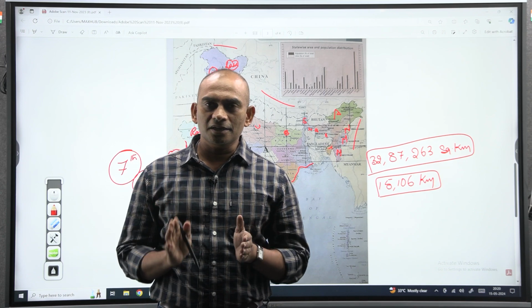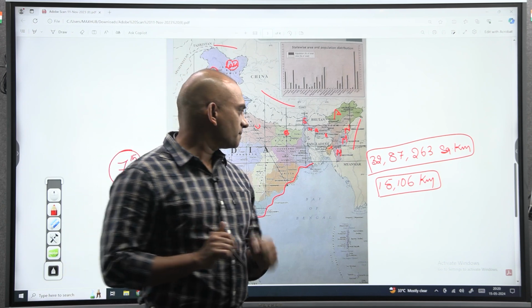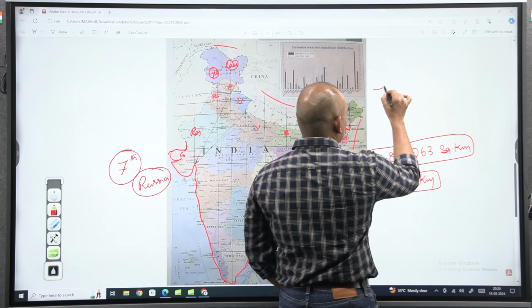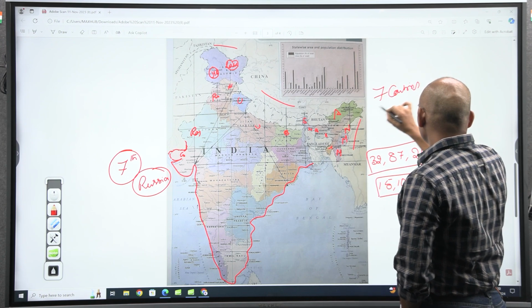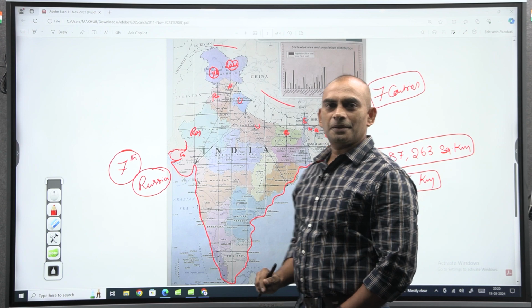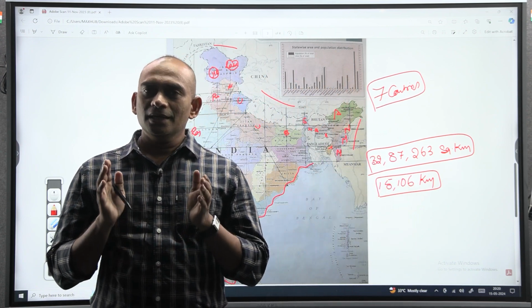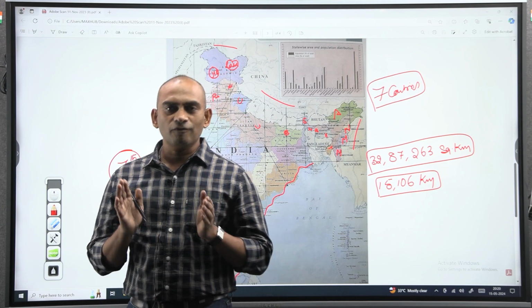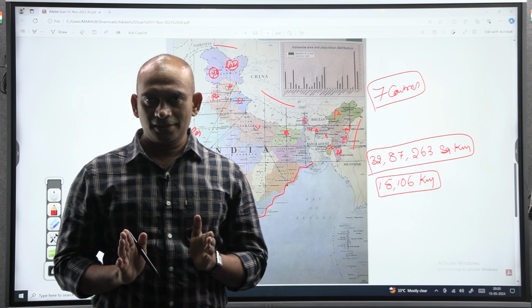So how many countries are bordering India? There are 7 countries. India is sharing its international land frontier with 7 countries.